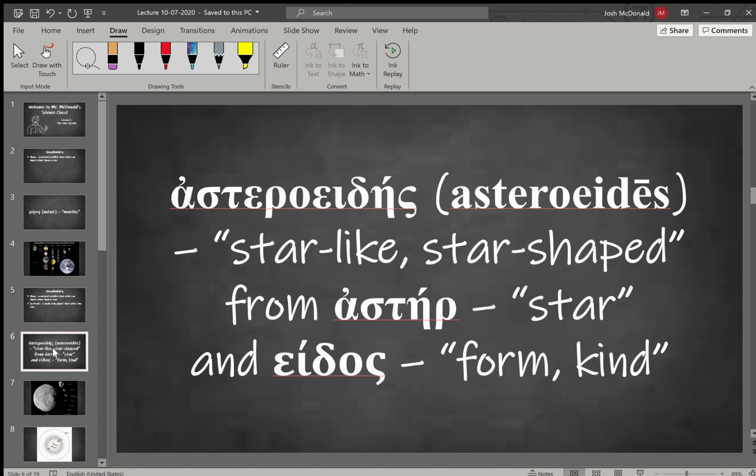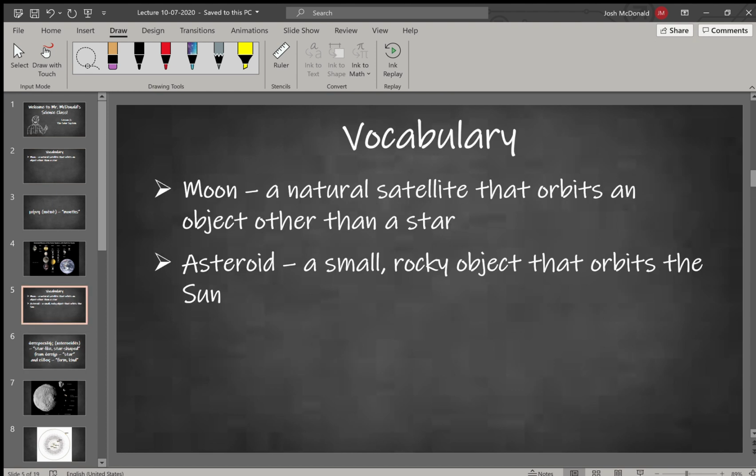So whenever you see oid at the end of a word, like you'll see it in math, you'll see it in science a lot, it comes from this Greek word eidos, meaning form or kind. So asteroides is star-like or star-shaped. It's in the form of a star. So it's a small rocky object. So it's a little bit smaller than a dwarf planet.